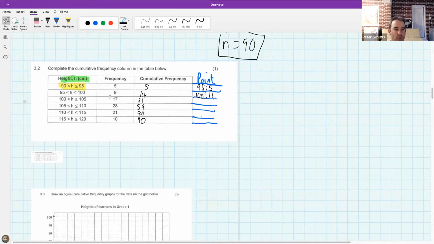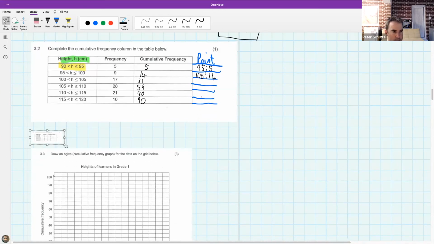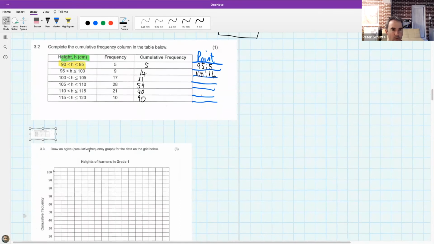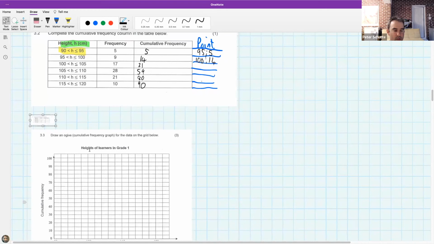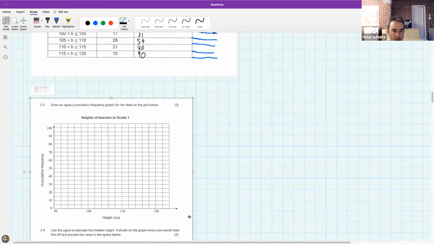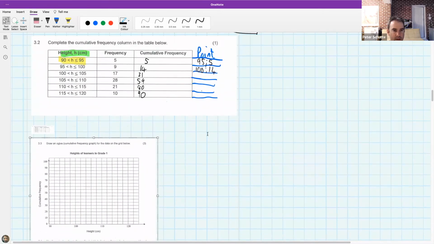And then for those who are feeling comfortable, you can start to think about what would my ogive look like? So we're going to move towards, but we're not there yet. We're just moving towards that. What are the points that we need on my ogive? We'll go from there.